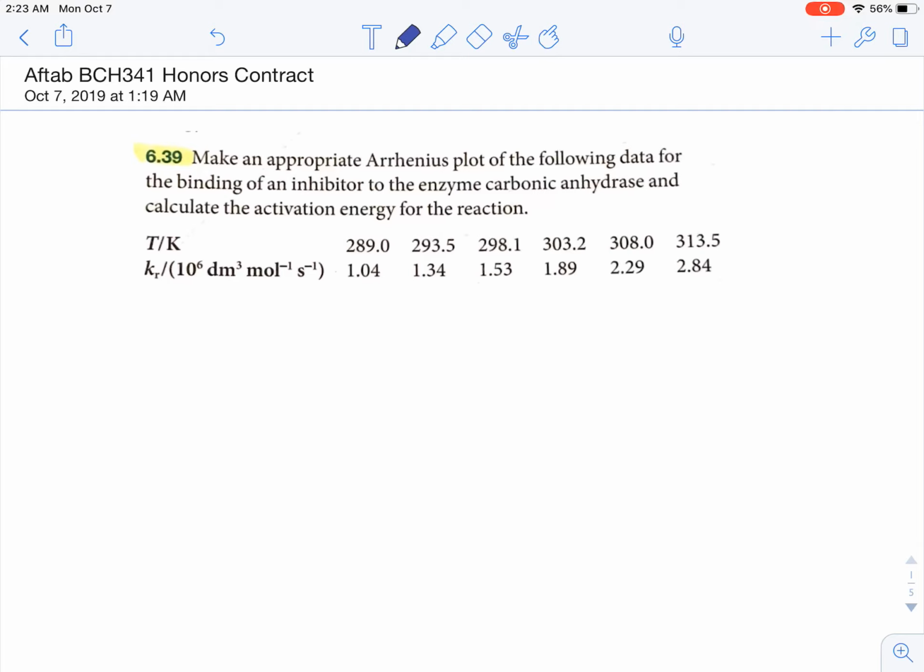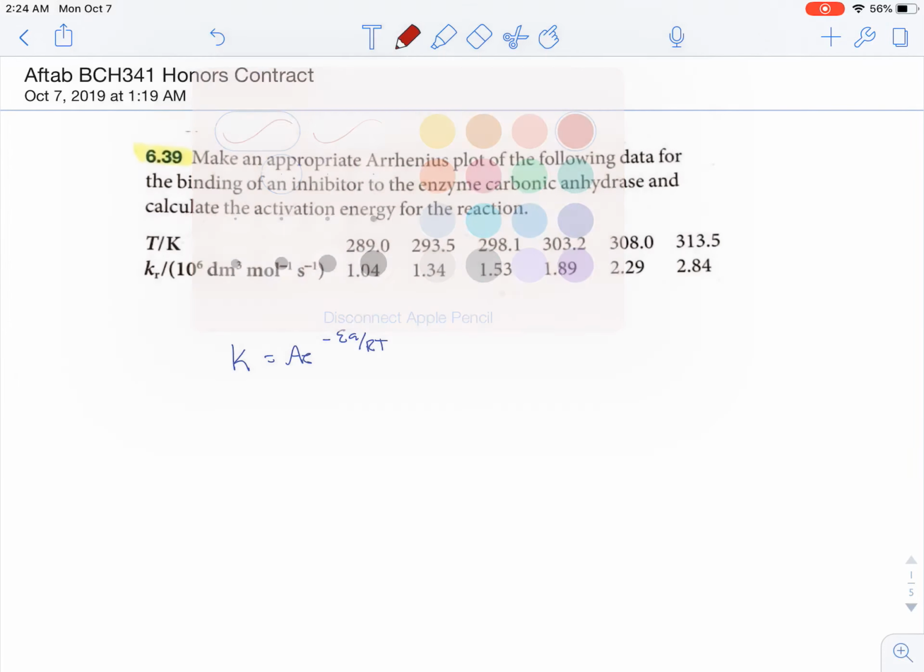And so I think that what may be helpful would be to write out the Arrhenius expression and discuss that conceptually before we move on to the question. And so that's written as follows. K here is going to be our rate constant.